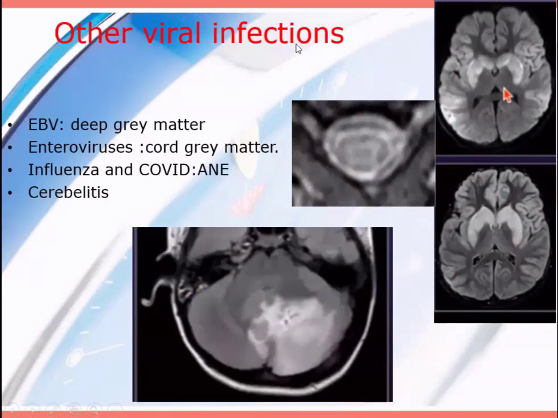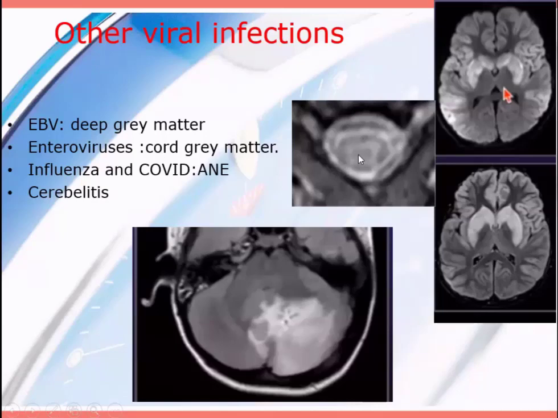Then we have the other viral infections. What is specific about them? Epstein-Barr loves the deep gray matter, like in this case. It's not diagnostic, so you don't have to be sure of the diagnosis in this case. But we have the enterovirus. Important in enterovirus: when you find cord gray matter affection, maybe there is an enterovirus infection.